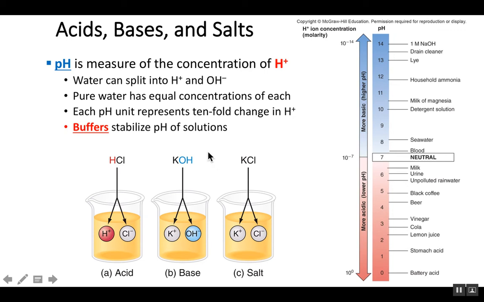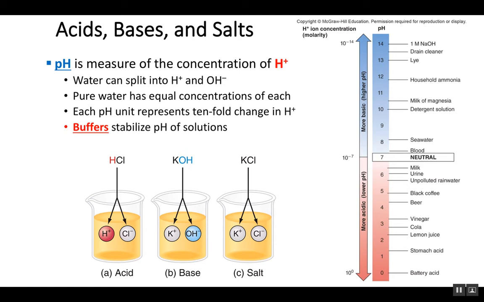So first off, pH is a measure of the concentration of H+. We know what H stands for, it's hydrogen. This is often referred to as a hydrogen ion. It's a hydrogen cation because it's positively charged.